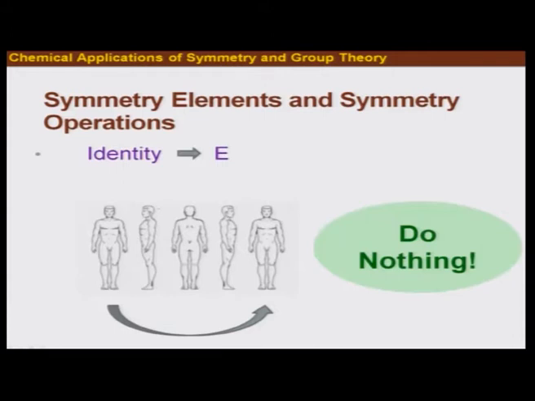First, let's look at the element of identity. So what is it? Before going to the details of this identity operation and all these things, let us also see what this identity operation is denoted as.